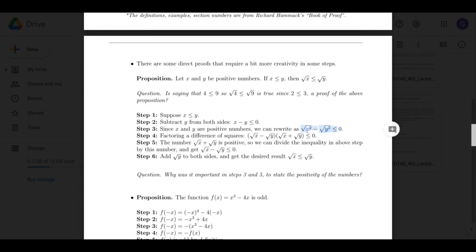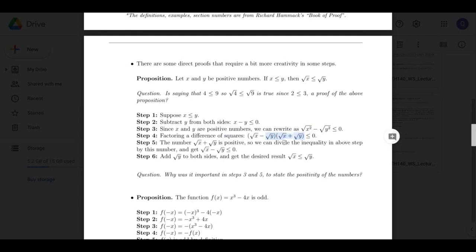So we can write the square root of x minus the square root of y, times the square root of x plus the square root of y, less than or equal to 0. Because we want to show the square root of x is less than or equal to the square root of y.